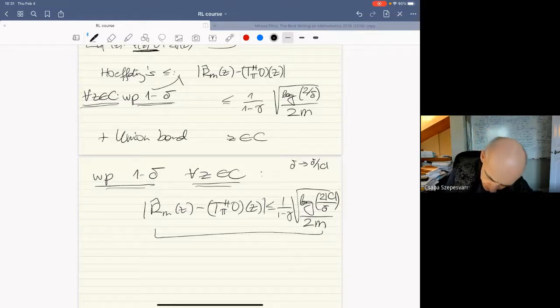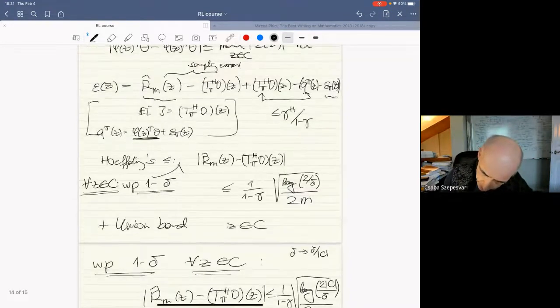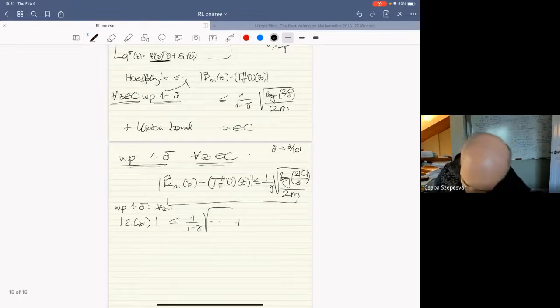If we pull everything together, we find that with probability 1 minus delta, for every z, epsilon z is smaller than or equal to this first term, plus the second term, which is the truncation error, gamma to the power of h divided by 1 minus gamma.